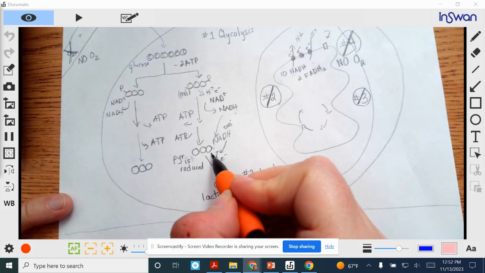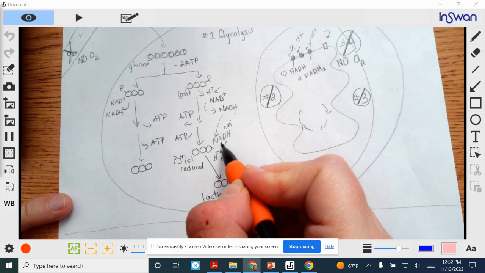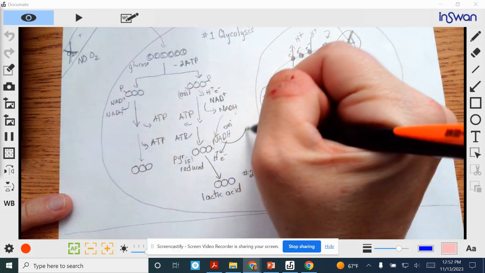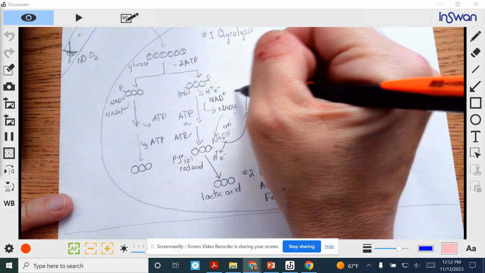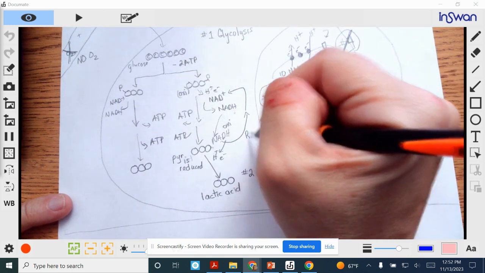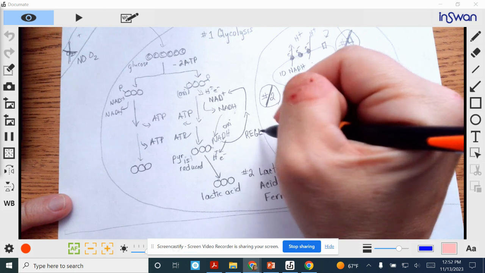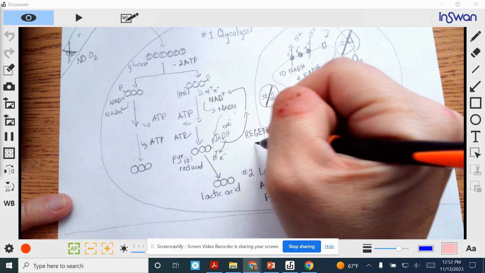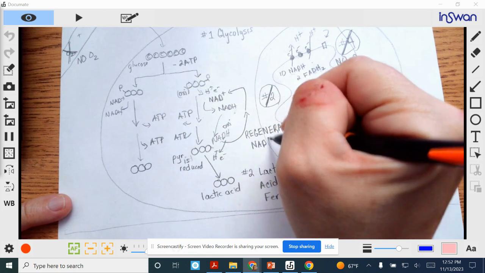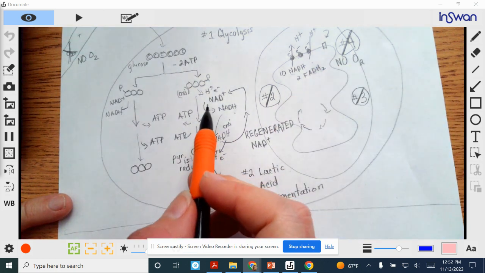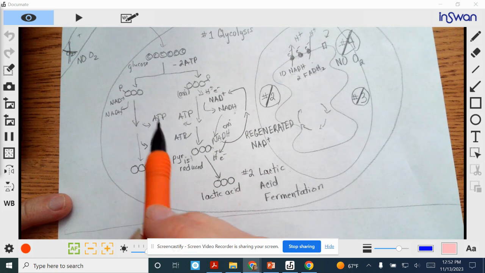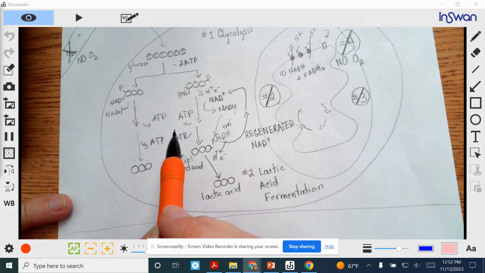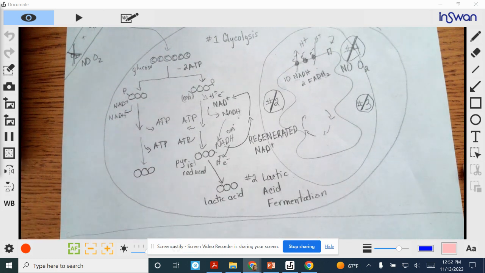But the most important part to this is that after this NADH is oxidized, that means we have regenerated the NAD plus needed to at least keep glycolysis occurring. We won't get much ATP, but at least we'll get a net of 2.